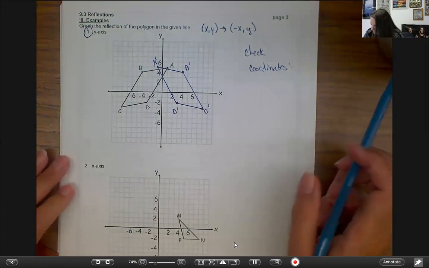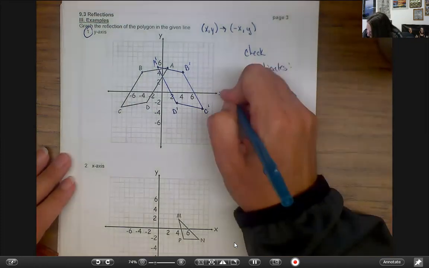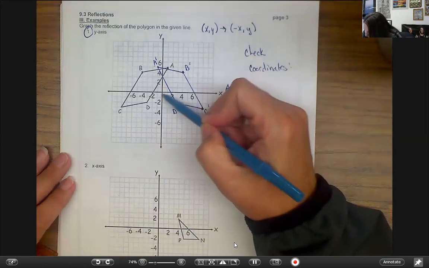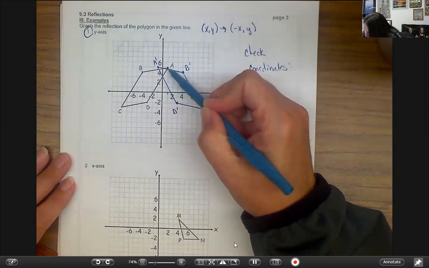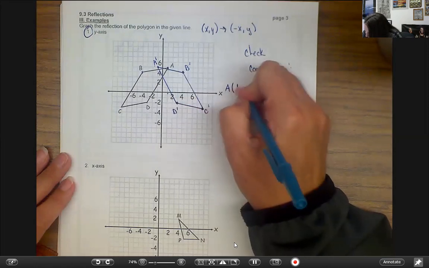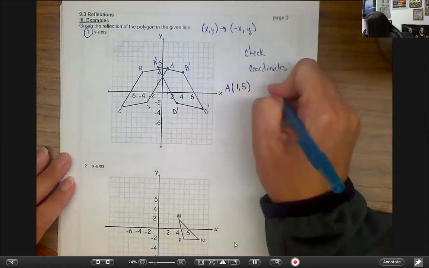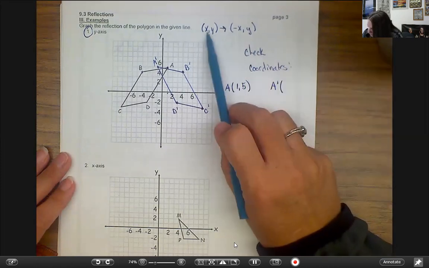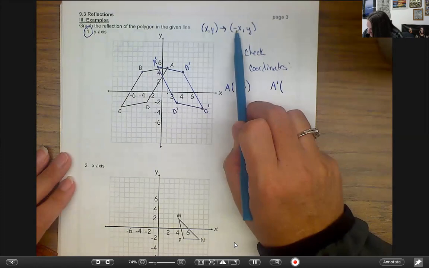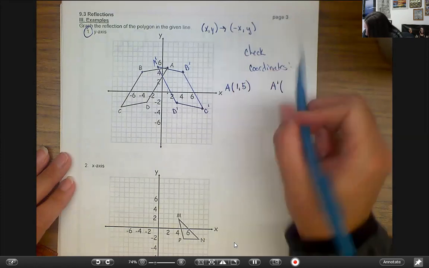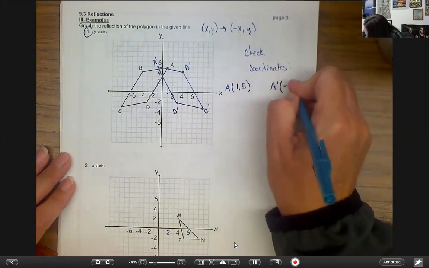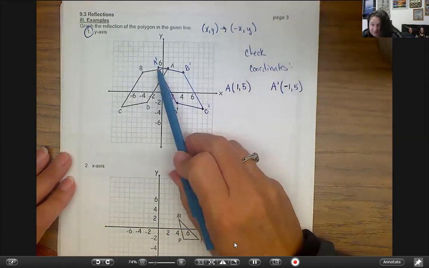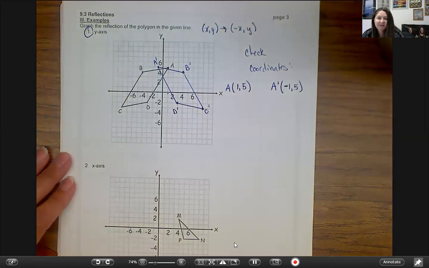Okay, make sure those came out accurately. Okay, so A was originally located at 1, 5. So A prime would then have to follow this rule. It should be where the x coordinate has the opposite sign. So -1, 5. If I take a look, -1, 5 is where A prime ends up being located.